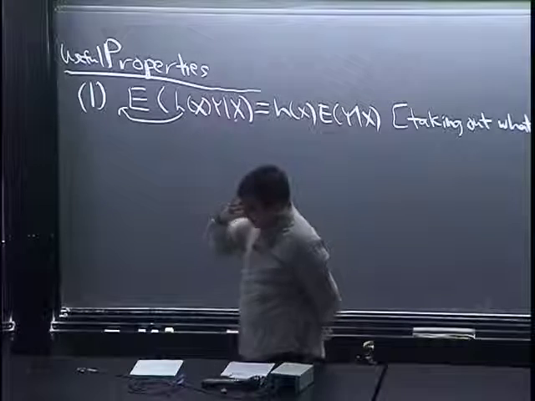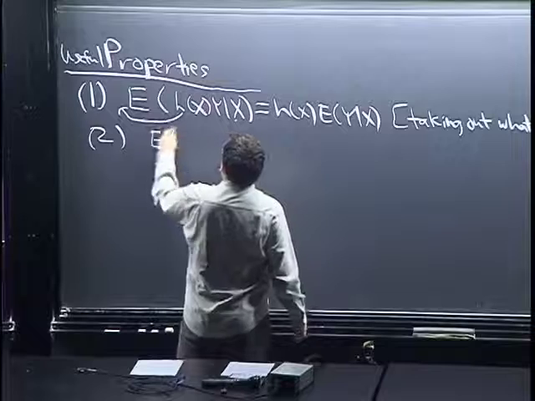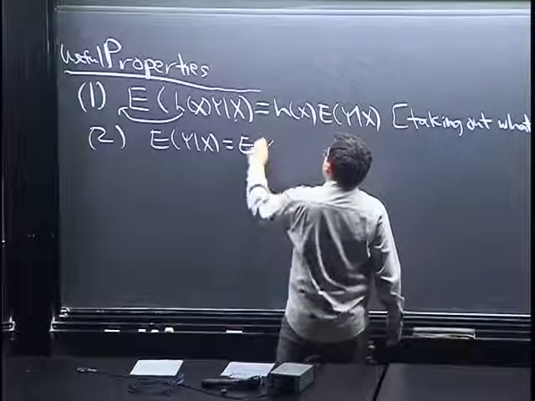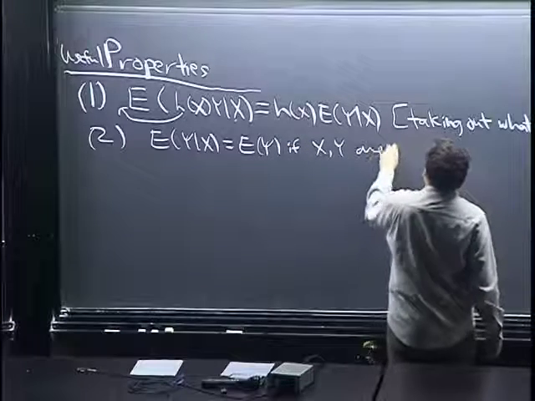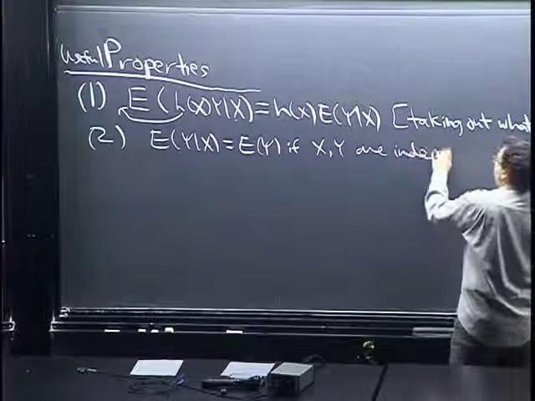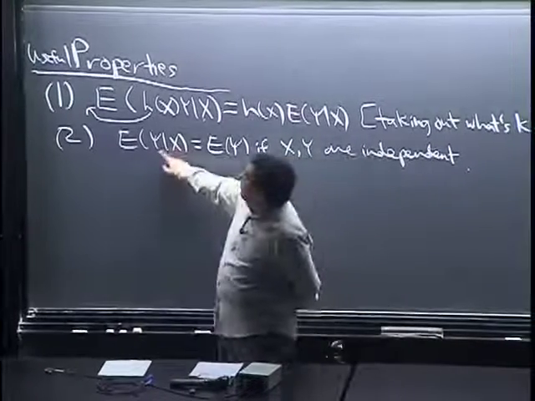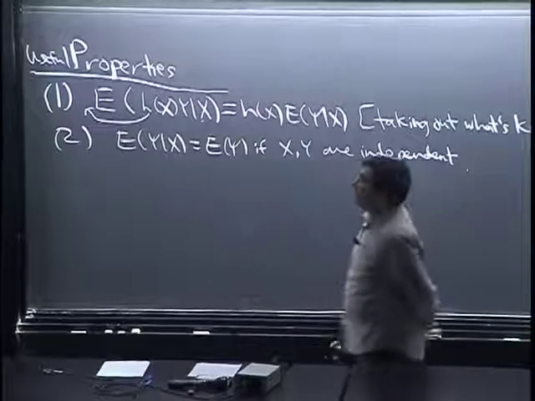That's good. Okay. Secondly, E of Y given X equals E of Y if X and Y are independent. This is not if and only if. We just saw an example over there where E of X given X squared is 0, even though they're not independent.